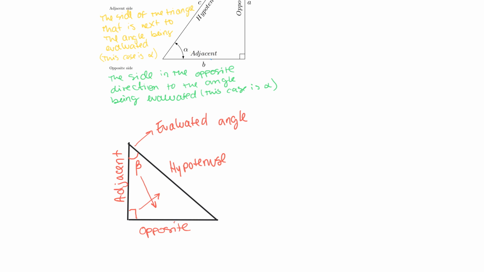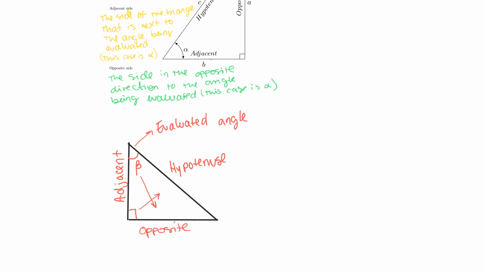Okay, so you notice that everything depends on the angle that we are evaluating. The 90-degree angle, of course, will always be in one location because there is only one 90-degree angle in a right triangle. So the hypotenuse will always be the same, but the adjacent side and the opposite side could be changed depending on the angle that we are evaluating.